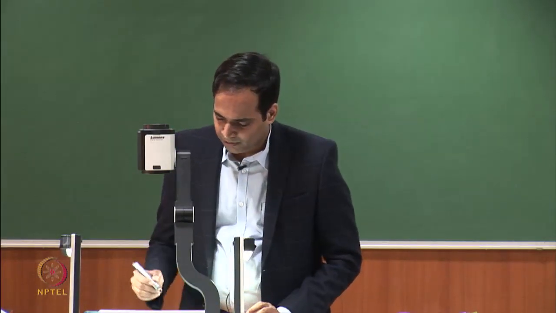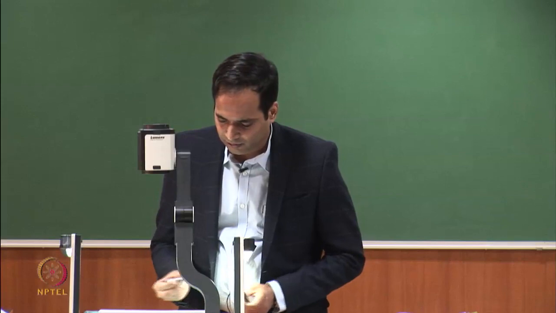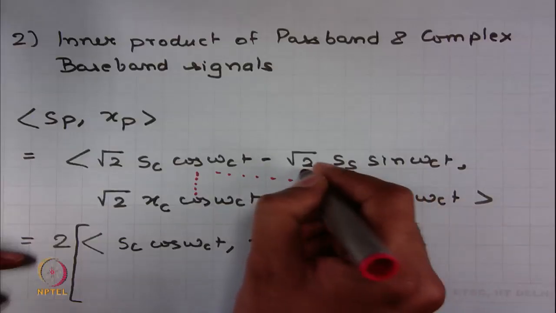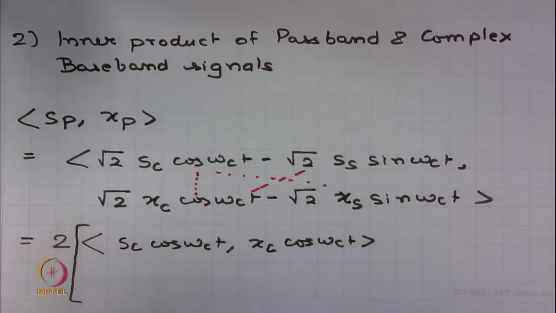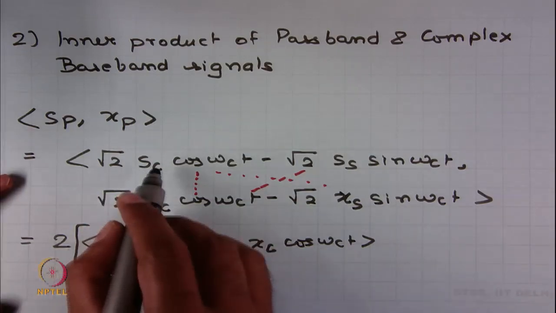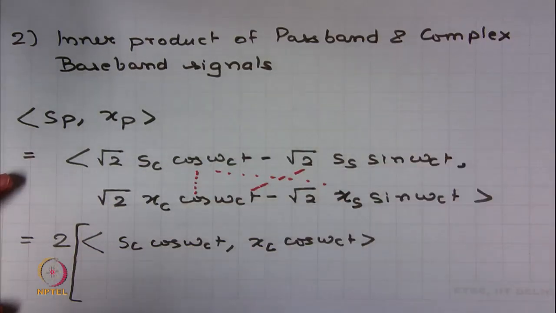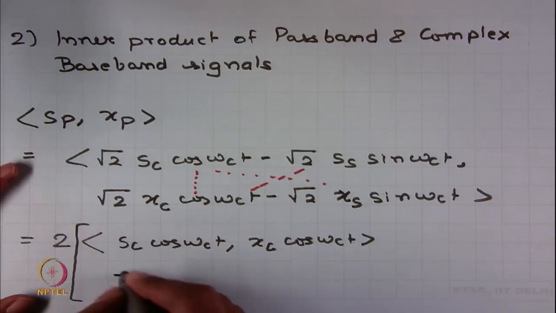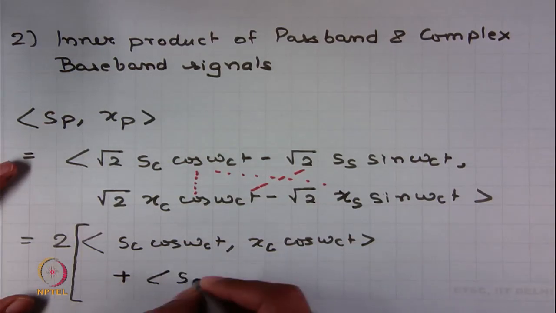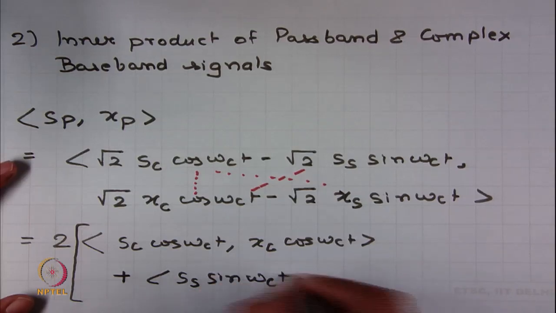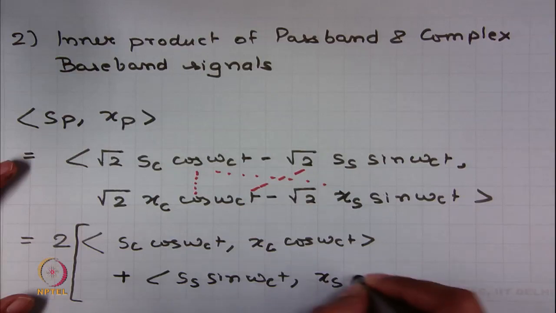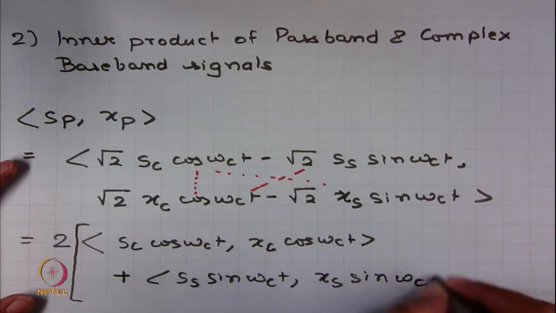So, this gives us 0, and so I do not do it. Similarly, the inner product of sin omega_c t with cos omega_c t is also 0. Okay. So, what you end up with is simply you need to just multiply this term with this term and this term with this term, and 2 is already pulled out. So, I can simply write this as S_s sin omega_c t's inner product with x_s sin omega_c t.